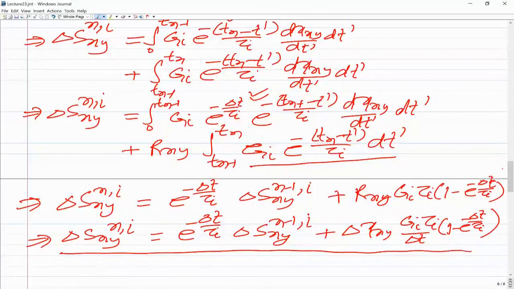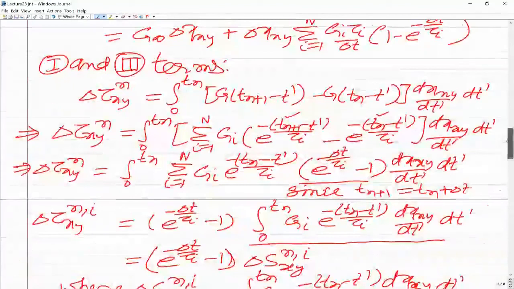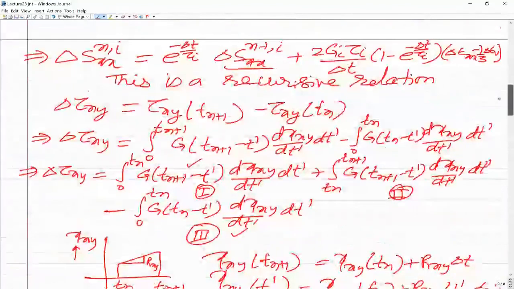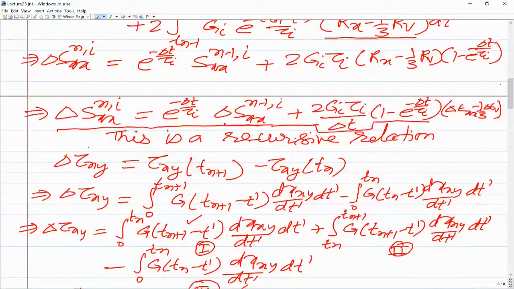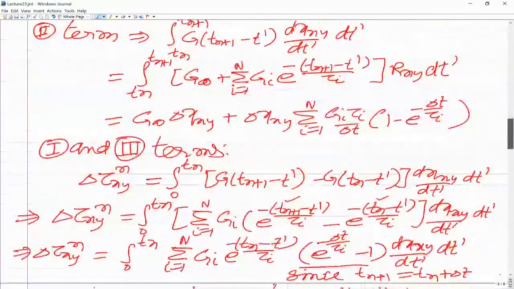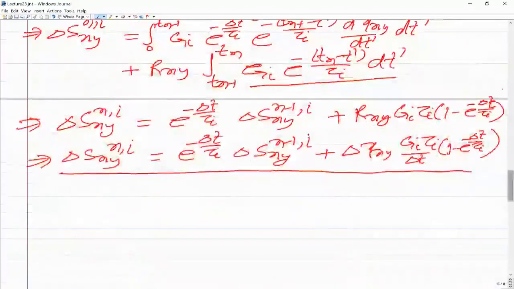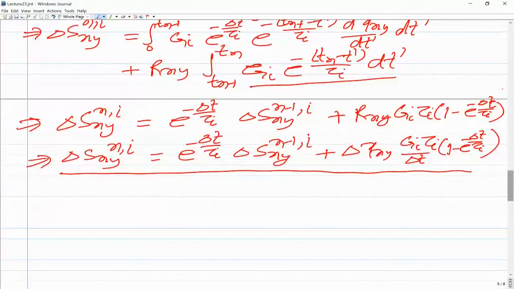So this is for the shear stress tau xy, and we have already got the recursive relation for the normal stress. The same thing you can do for the other components of normal stress and shear stress. So based on this, when we are solving a linear viscoelasticity problem, we just need to store the data for the previous time step. We don't need to store all time steps, and that is the advantage of using these recursive relations.